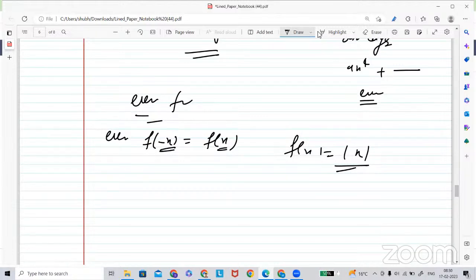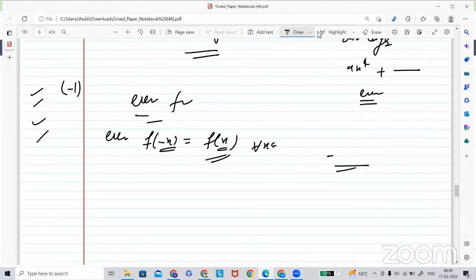If you want to eliminate an option, you can check with -1, and maybe the option is not satisfied. Otherwise, the general case is that for all values of x with the minus, it should satisfy. So he means that I should not change the value of x. We should keep the x, but multiply it with -1 and then check.